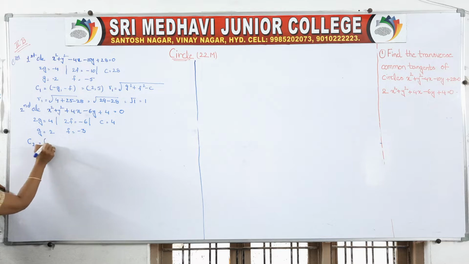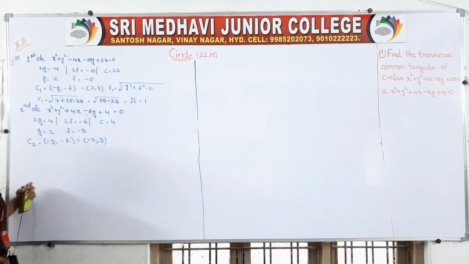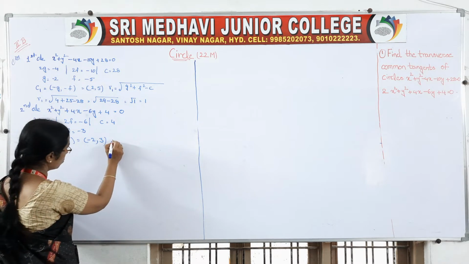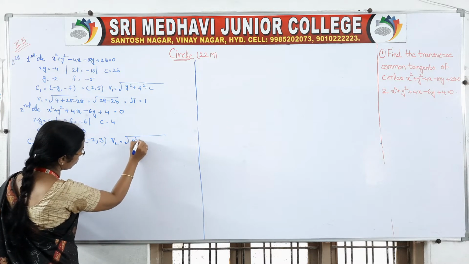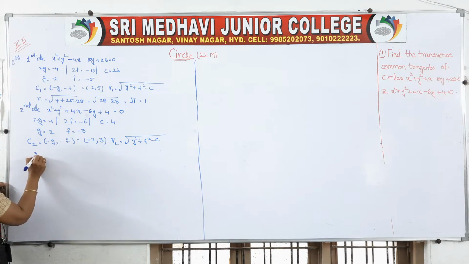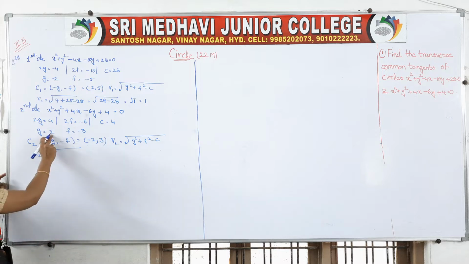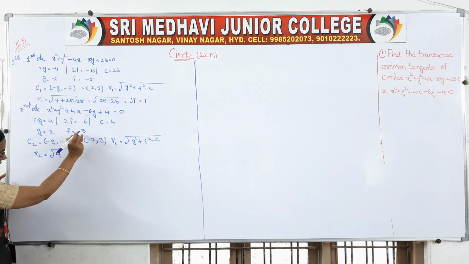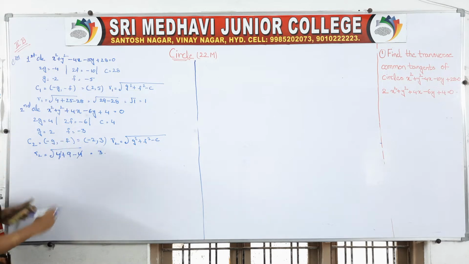So c2 is minus g, minus f, that is minus 2, 3. Similarly, radius of the second circle is root of g square plus f square minus c. Actually no need to write it all two times, one time is enough, you can take the values directly: 2 square is 4, minus 3 square is 9, minus c, 4, so root 9 is 3.